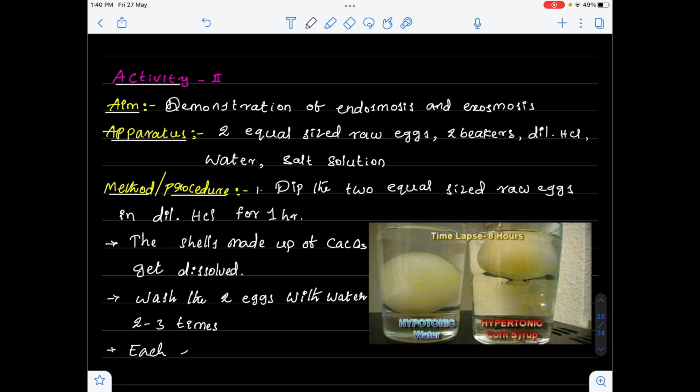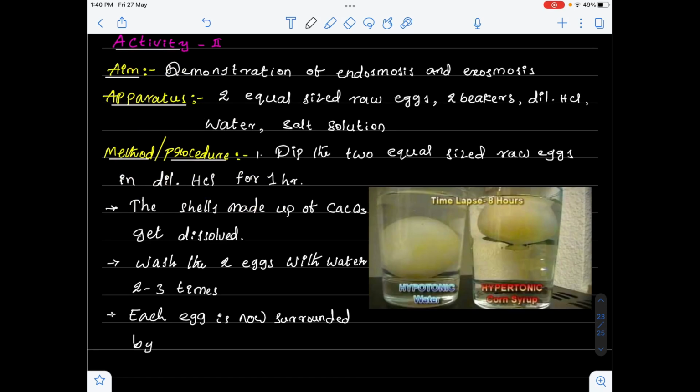And here each egg is now surrounded by a semi-permeable membrane.